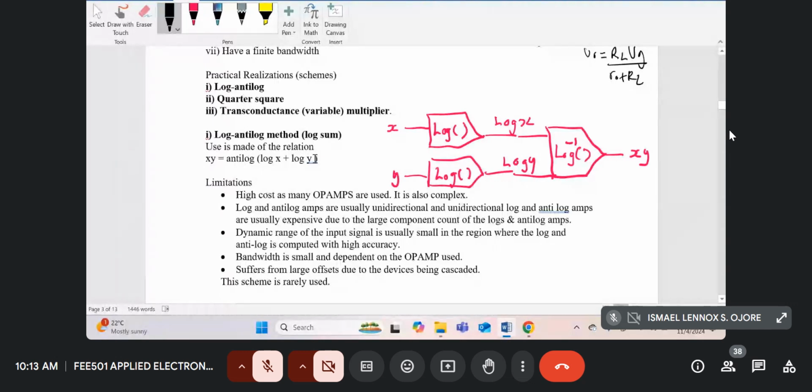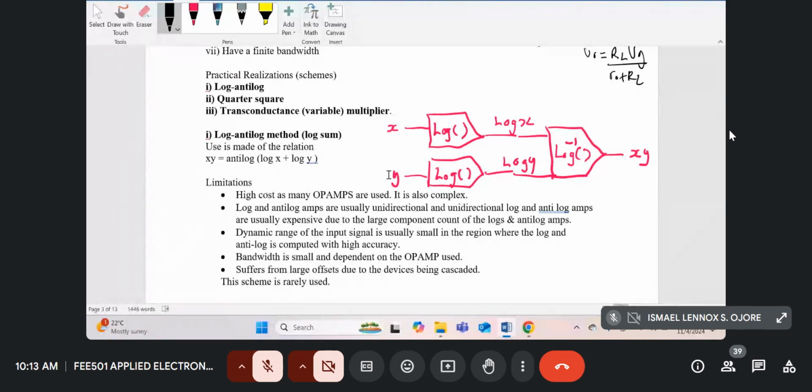So to realize this circuit, if you look at this equation, you need two log amplifiers, which are these two over here, then an anti-log amplifier here, so that the result would be xy. But having studied the log amplifiers and the anti-log amplifiers, we see that they're very complicated.